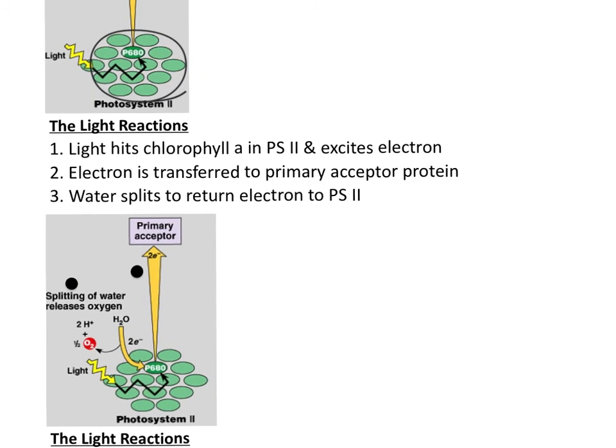That primary acceptor is taking an electron, so we don't want that photosystem to run out of electrons, so water comes in to resupply the electrons at that photosystem. When that electron gets deposited at the photosystem, we produce hydrogen ions from the water and oxygen gas as waste.